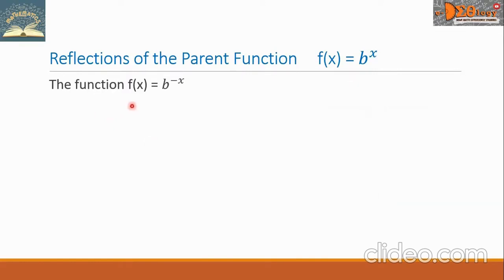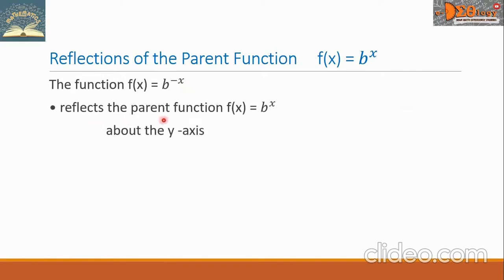Now, the function f of x equals b raised to negative x reflects the parent function f of x equals b raised to x about the y-axis. It has a y-intercept of (0, 1).